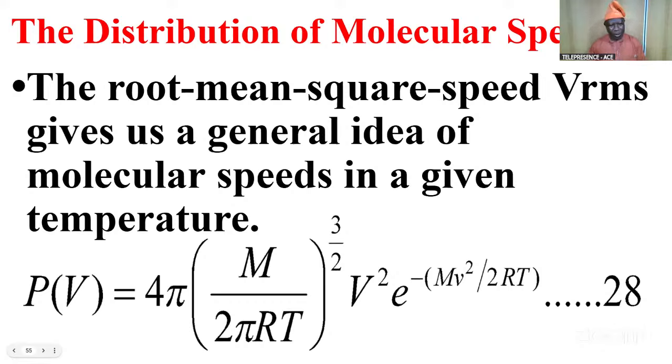The distribution is 4 pi multiplying the ratio of M, the molar mass, over 2 pi RT, everything to the power 3 over 2. Pi and R remain the same, T represents your absolute temperature. That gives you equation 28. Take note of this equation, it is very, very important.